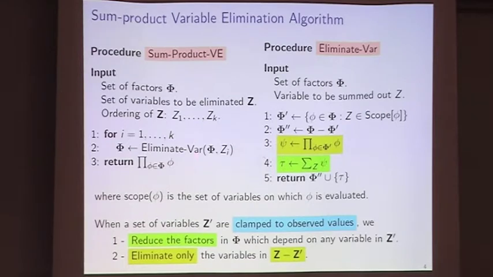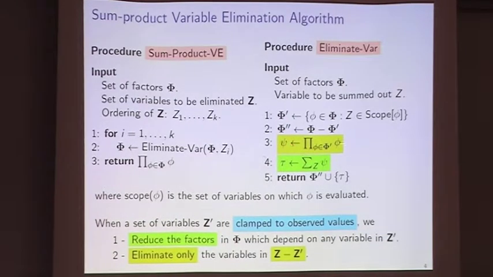The elimination of the variable is done by that subroutine, which eliminates the variable. It just receives as input the current factors and the variable to be summed out. It groups together the factors that depend on the variable to be summed out in this set, phi prime, and then it multiplies together those factors.